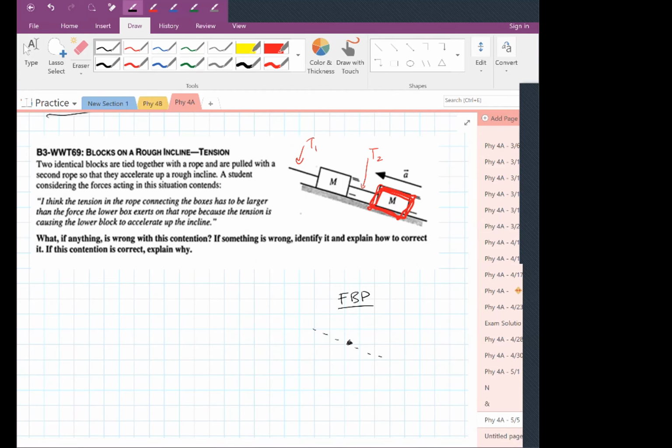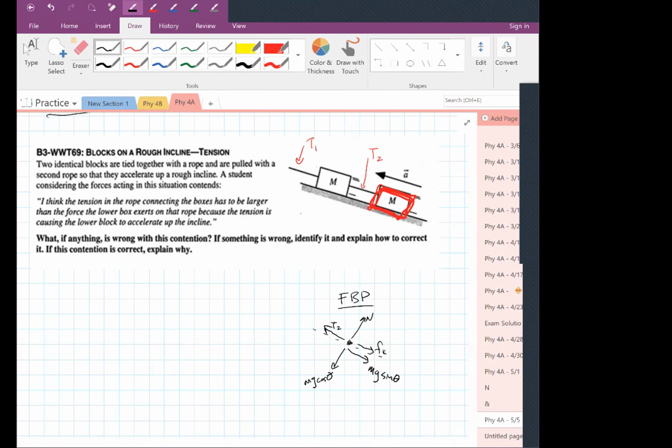So what do we have? We have a normal force and a friction force. We have a tension, I'm calling it T2. And we have the weight of gravity, which we can split into mg cos theta and mg sine theta. Good?